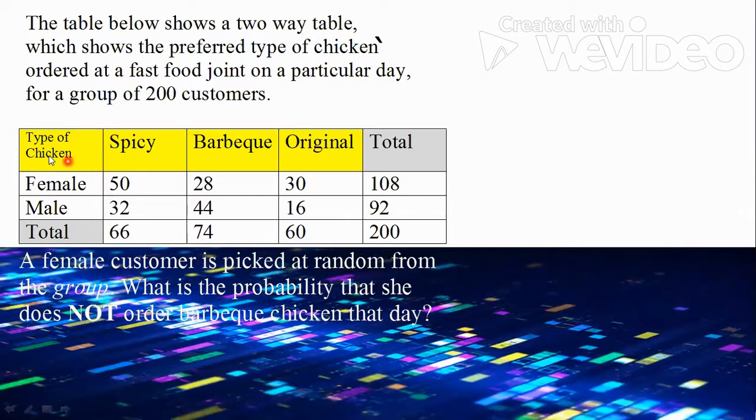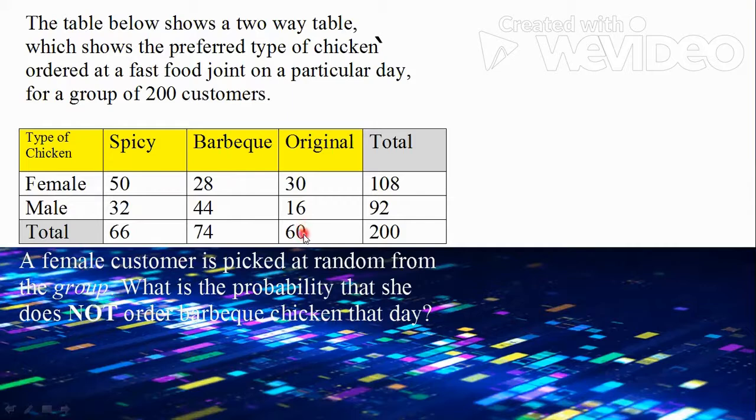Alright, so as you can see, we have type of chicken. We have 3 types. Alright, and we have female and we have male. Alright, so basically, it says we have a two-way table. So it's like the values go across like that, and the values come down like that.